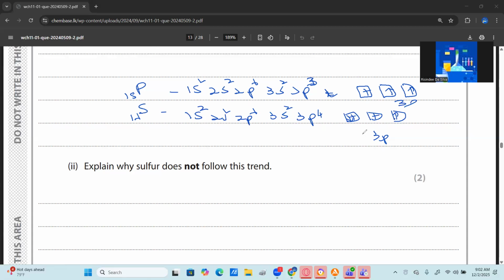If you draw the diagram and show even that, you are getting that mark. And it has a pair of electrons. If you just draw these two diagrams also, you are getting the same mark.